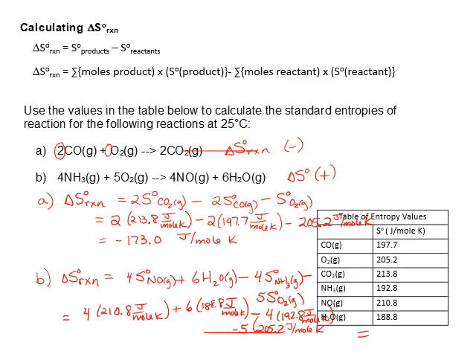And putting all that together, we do in fact get a positive number, 178.8 joules per mole Kelvin.